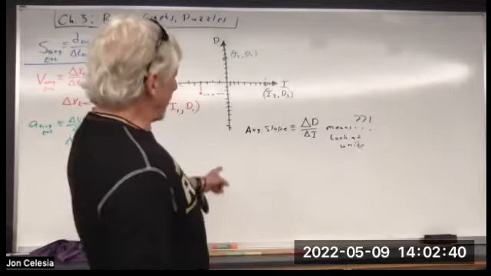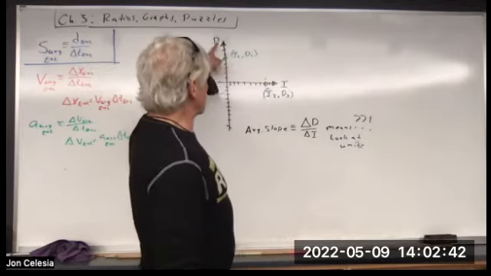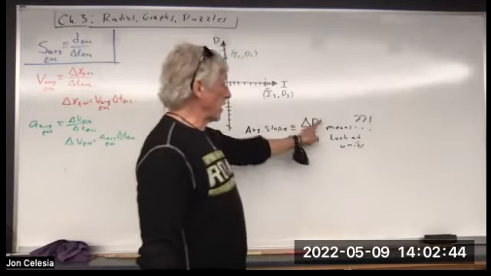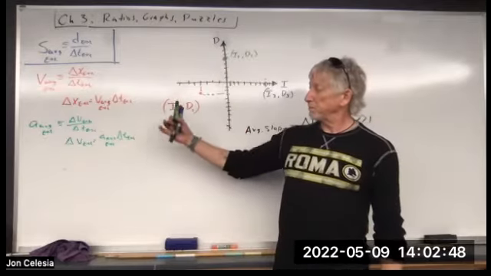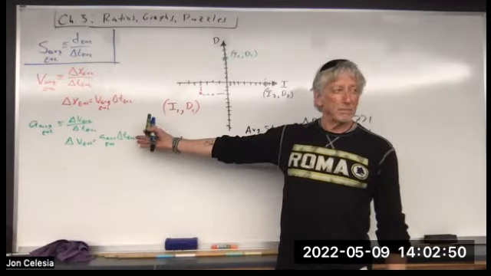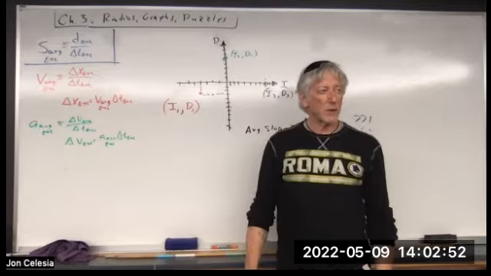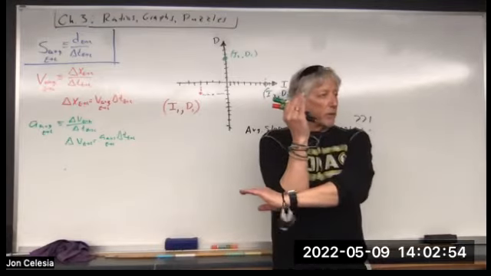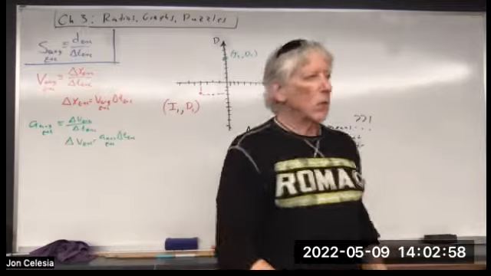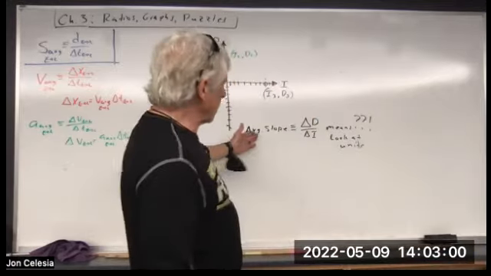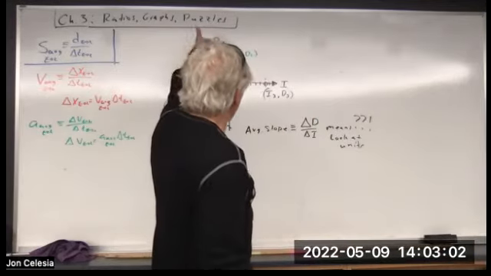However, if this was time and this is velocity, it'd be change in velocity over change in time, and the slope would mean average acceleration. So it depends on what you're graphing. But even if you're not doing kinematics, whatever you do, the slope is the ratio of this over that.